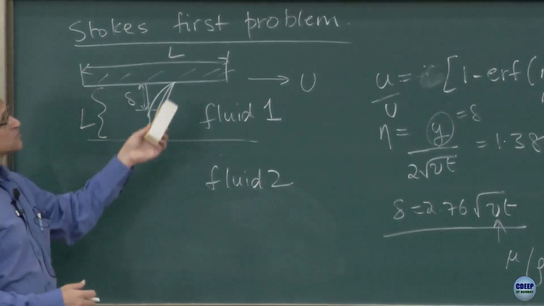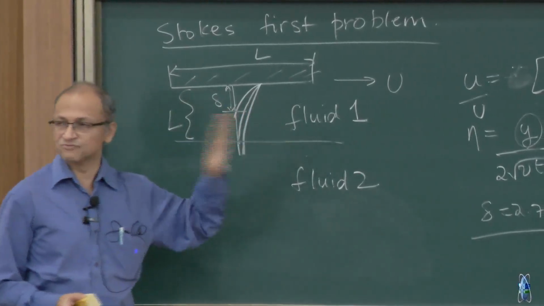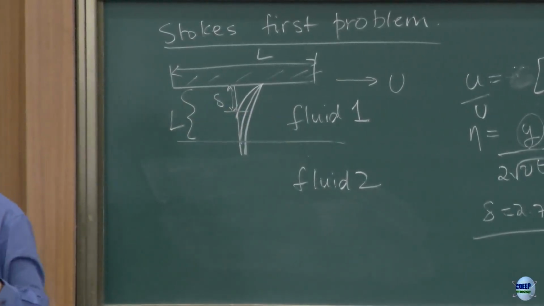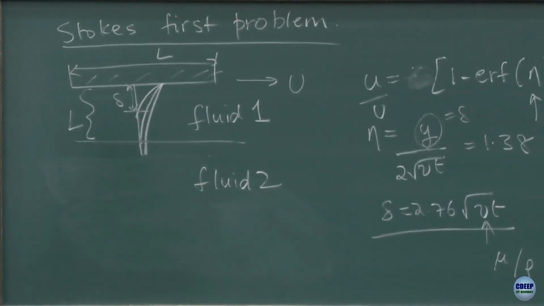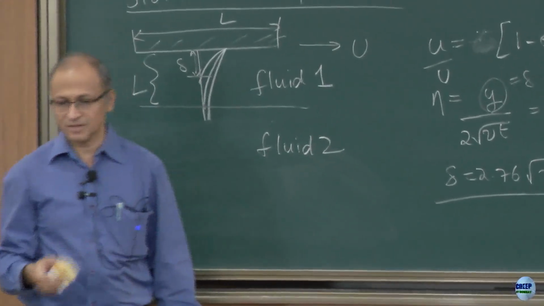Now, how can I impose a time scale? Here I've given you two ways in which you can impose a length scale. Is this clear? Any questions here? Okay, so now if we have to impose a time scale, how would I impose it? Maybe you can think and suggest.